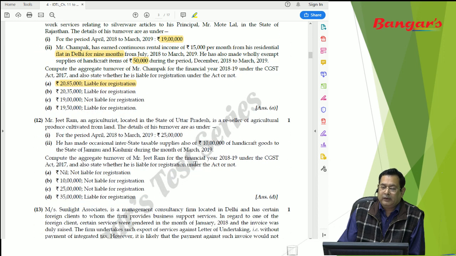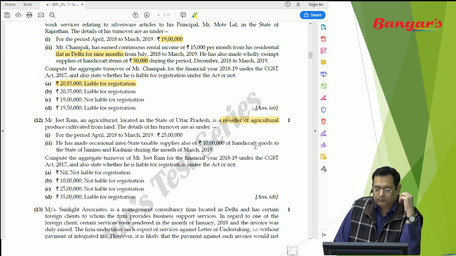Now, Jeet Ram is an agriculturalist located in the state of Uttar Pradesh. He is a reseller of agricultural produce. Since he is a reseller of agricultural produce, to the extent of cultivation out of his land, the same is not included. But since he is a reseller here and the same is not out of his land, in that particular circumstance, he won't be getting the benefit of the agriculturalist.